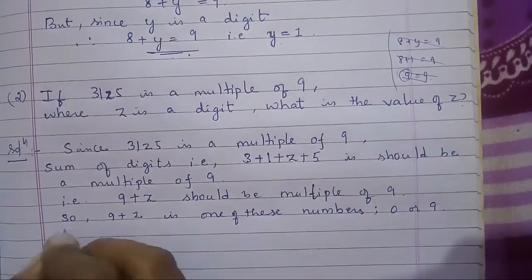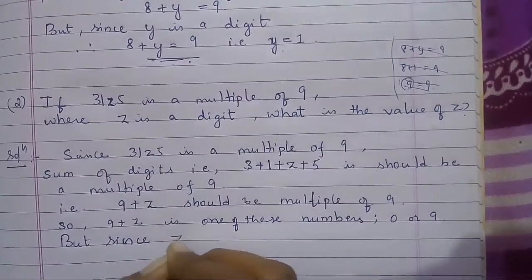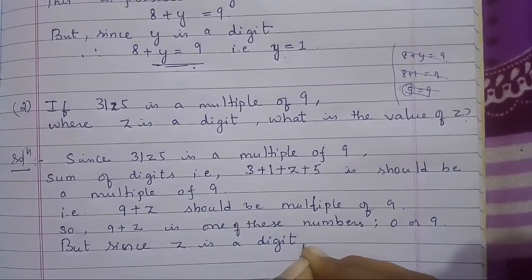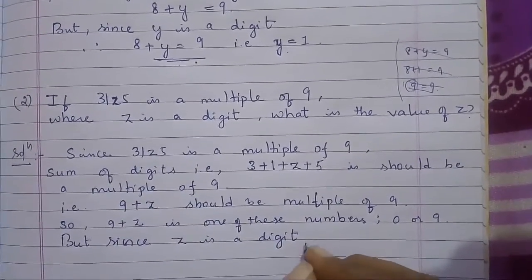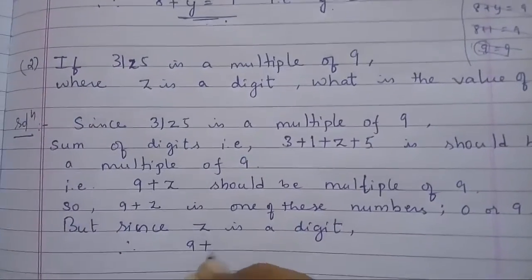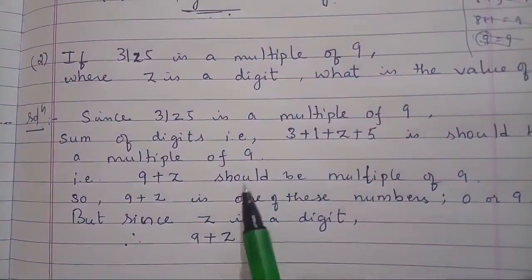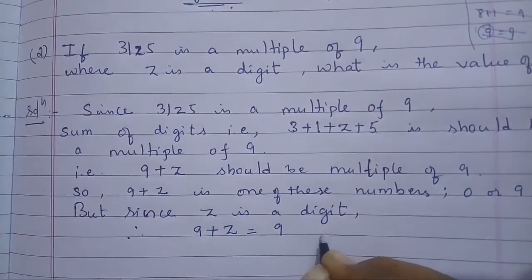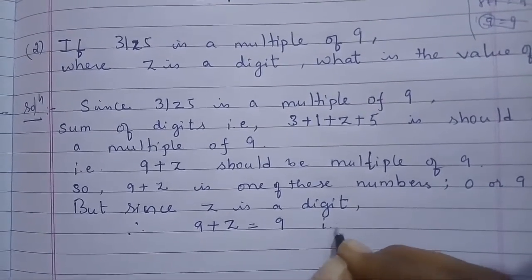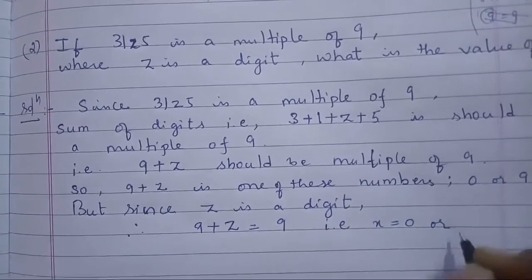But since z is a digit, 9 plus z is equal to 9 only when z is equal to 0 or 9.